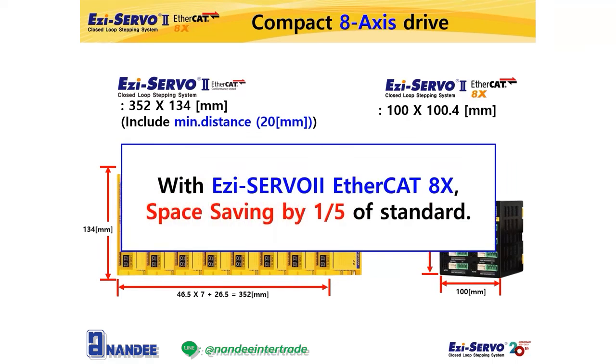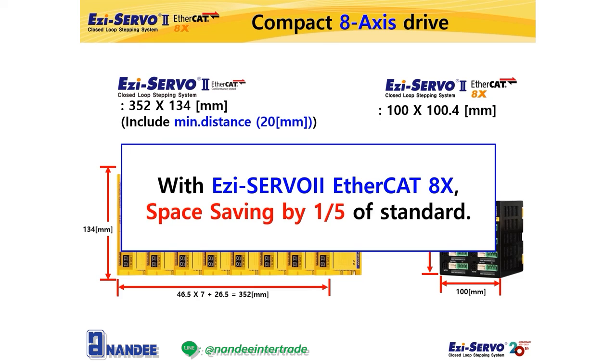Also, in the case of 8 standard type drives, they require one EtherCAT cable for the connection to the EtherCAT master, and 7 EtherCAT cables for the daisy chain connection between the drives, so total 8 EtherCAT cables are required, but you only need one EtherCAT cable if you use Easy Servo 2 EtherCAT 8X.